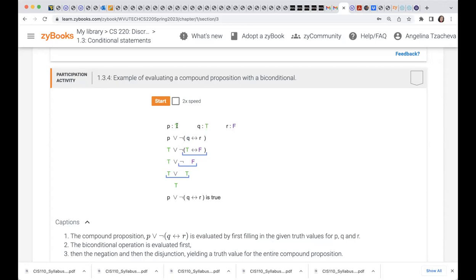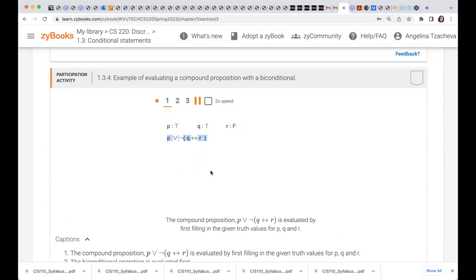So if P is true and Q is true and R is false, then what about this entire statement here? So first we will fill in the true and false values. So true, true, false.